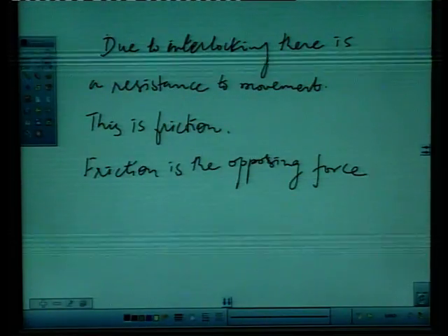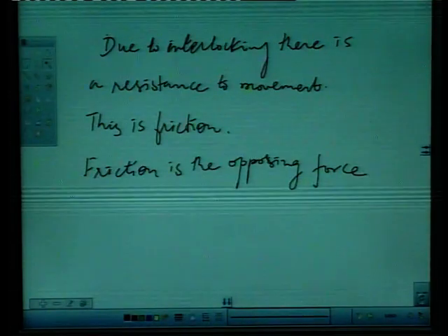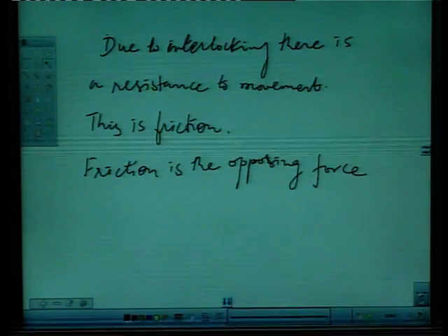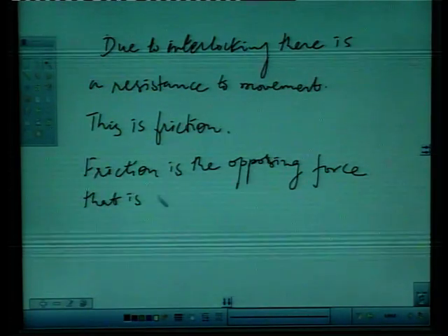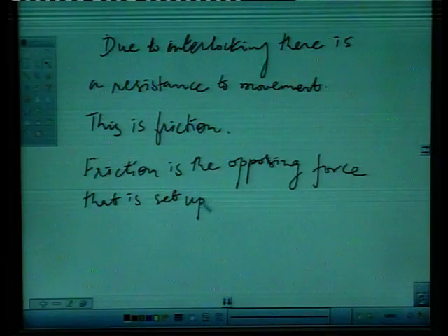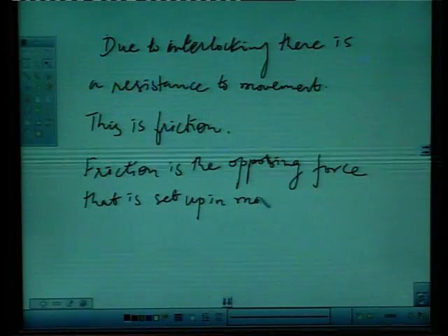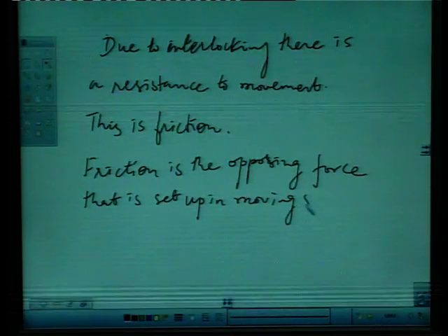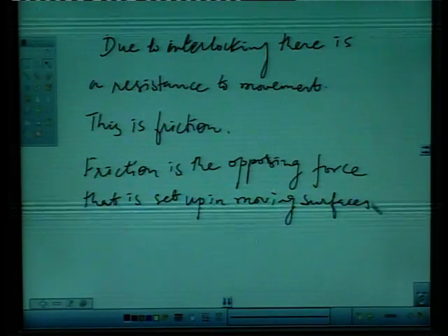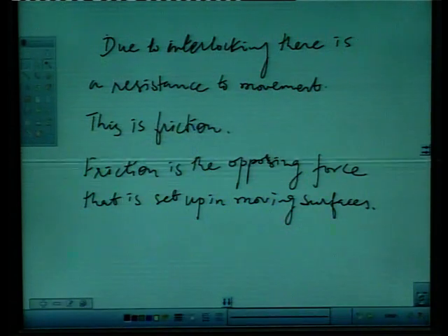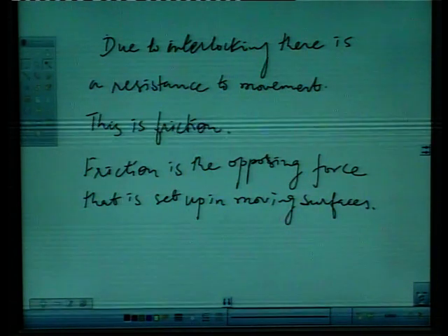Friction is the opposing force that is set up between moving surfaces.